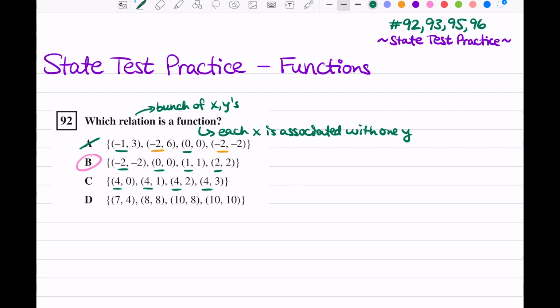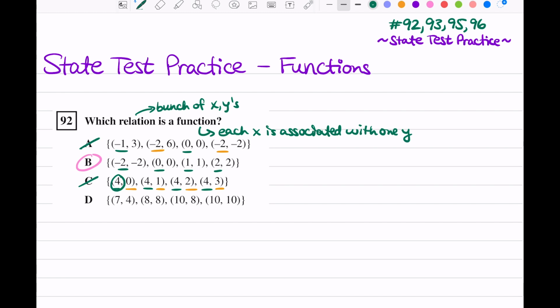In a vending machine, you type in a number and you get out an item. So each number you type in is associated with one item. So that's how these numbers should work. You should put in a 4 into the vending machine and you should get out one item. However, when you put in a 4 here, you could get a 0 or a 1 or a 2 or a 3. So this is not a function. It doesn't act like a vending machine.